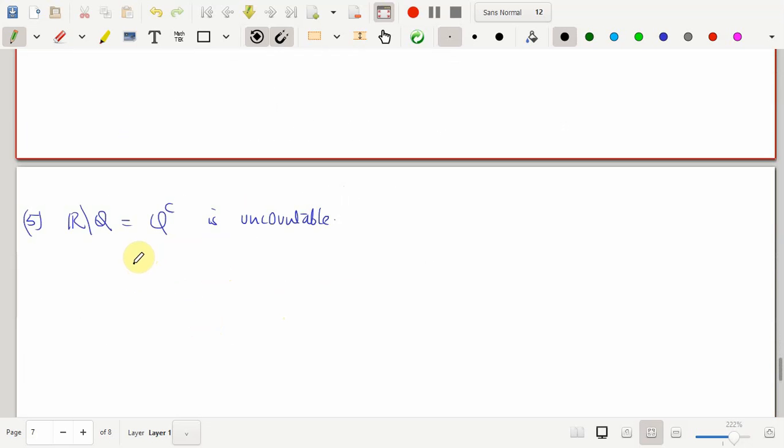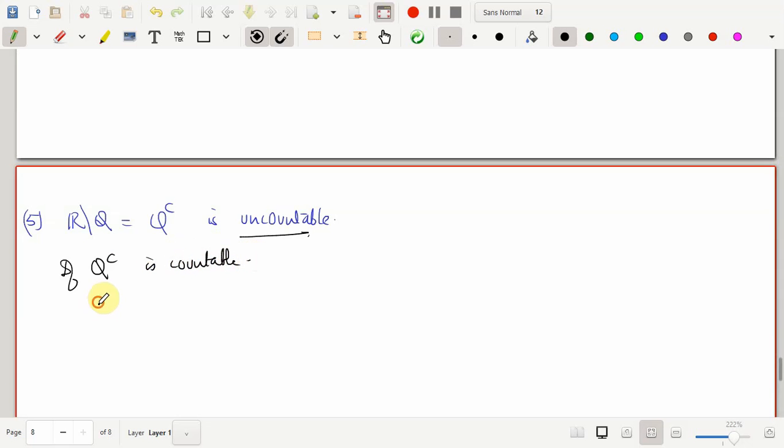But the set of irrational numbers is uncountable. The reason is very simple. If Q complement is countable, then what would happen? Note that R is the union of the irrationals and Q, that is, the set of irrational plus rational. Now here I am saying that the irrational set is countable. Rational, you know that it is countable.